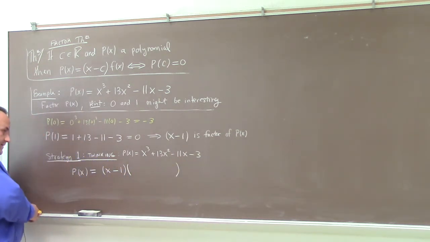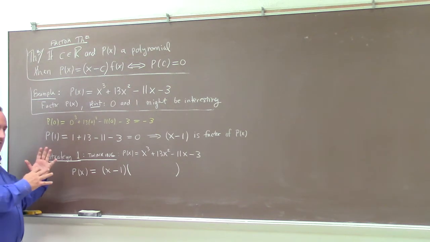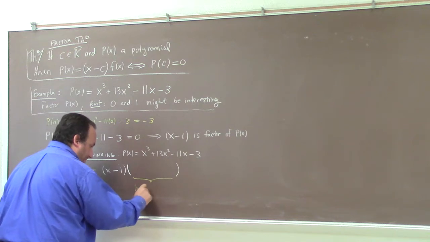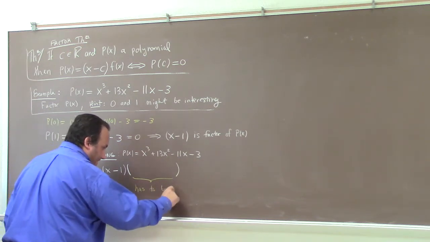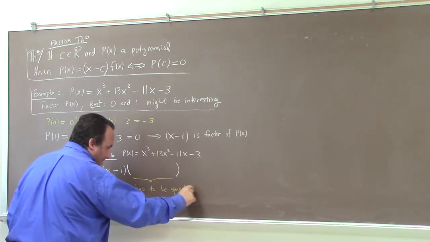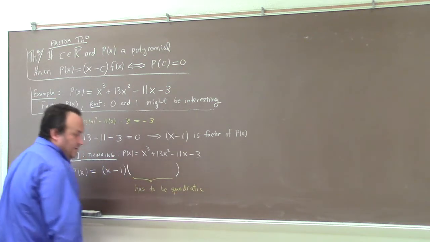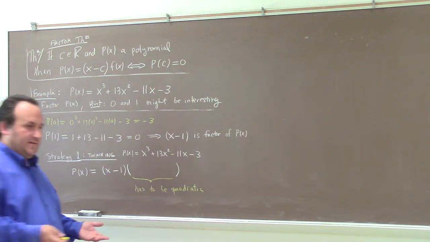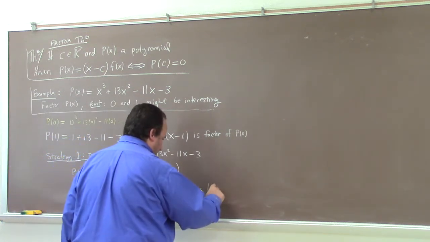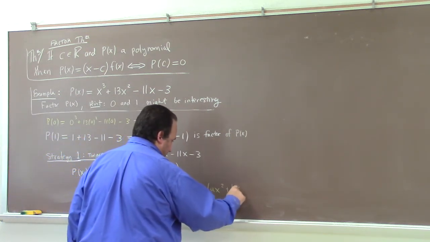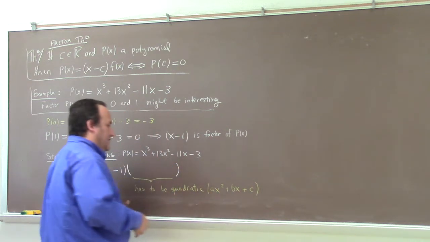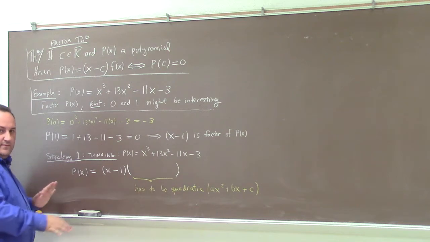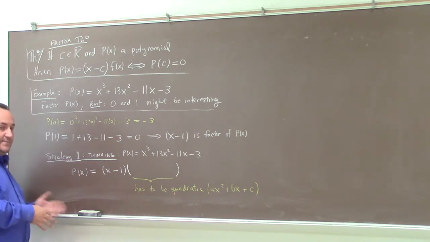So, thinking. What has to go here? It has to be quadratic, something of the form ax squared plus bx plus c. But think about it: when we multiply this out, we have to get back that x cubed.